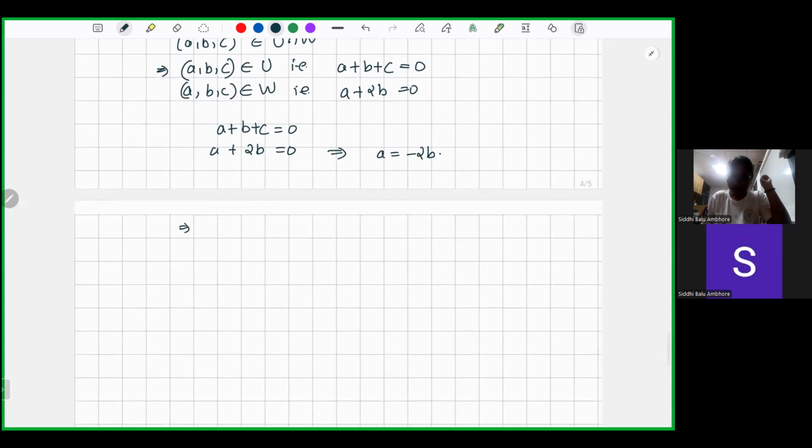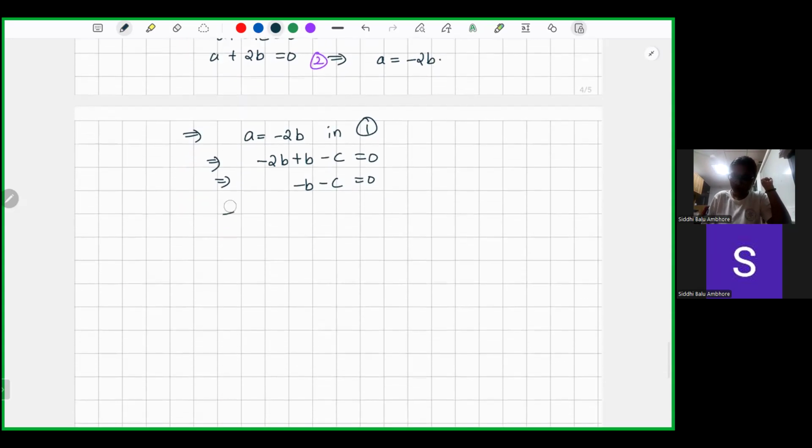If we substitute A is equal to minus 2B in the first equation, we get minus 2B plus B plus C is equal to 0. So we get minus B plus C is 0.